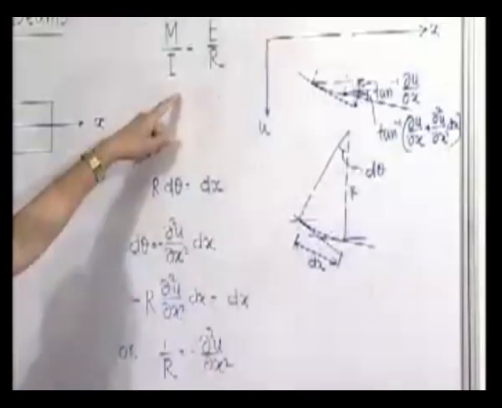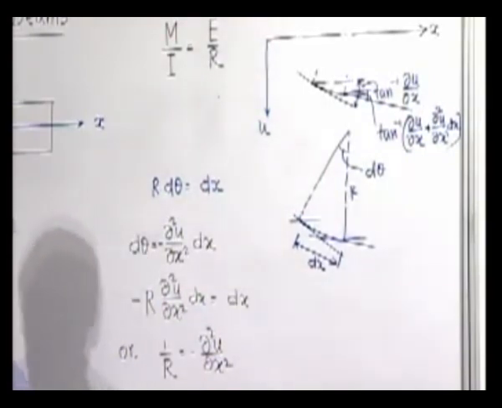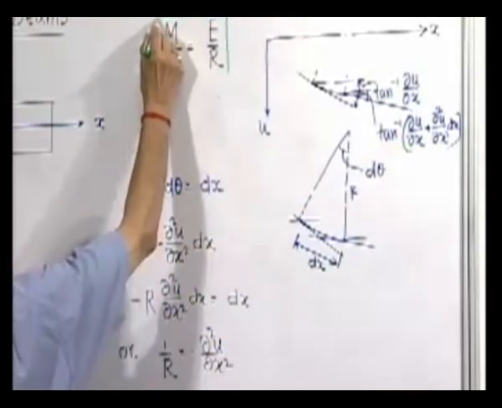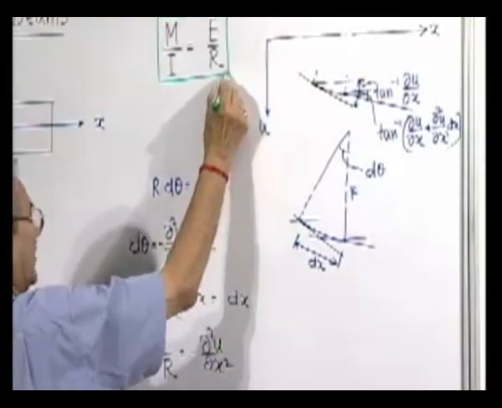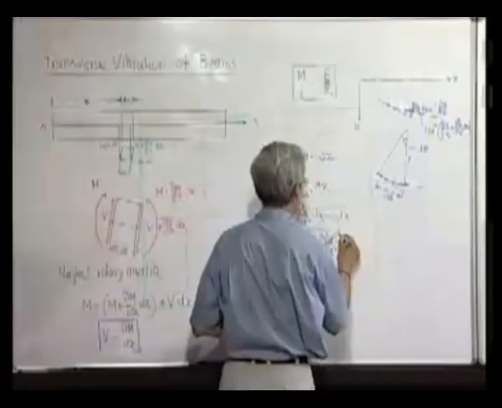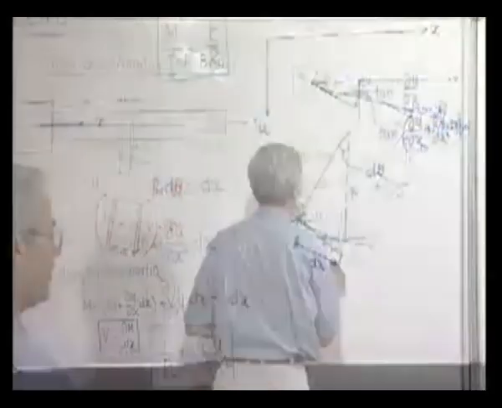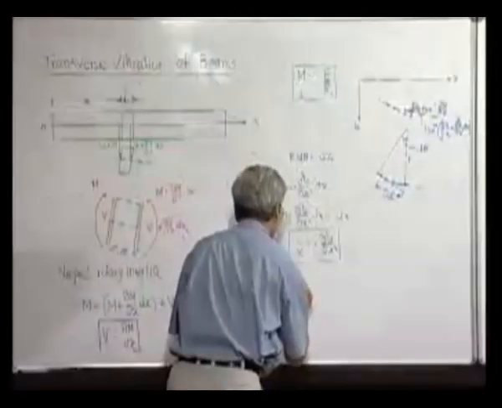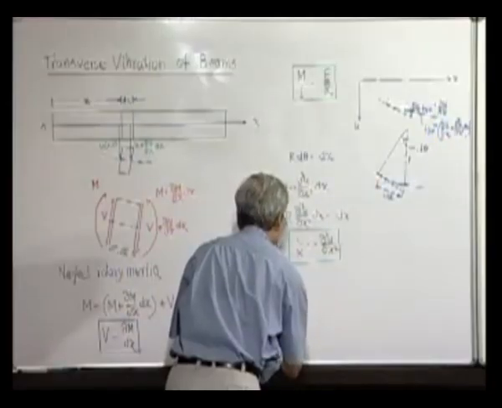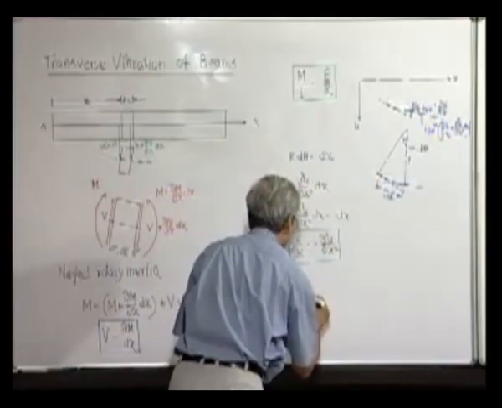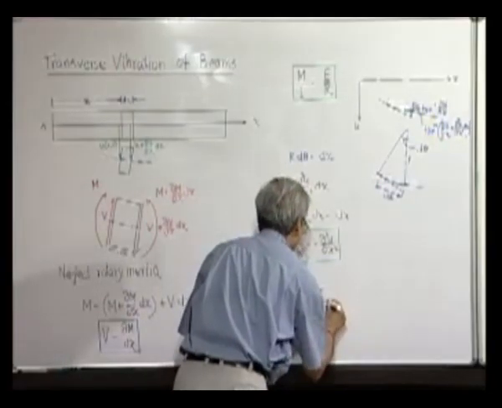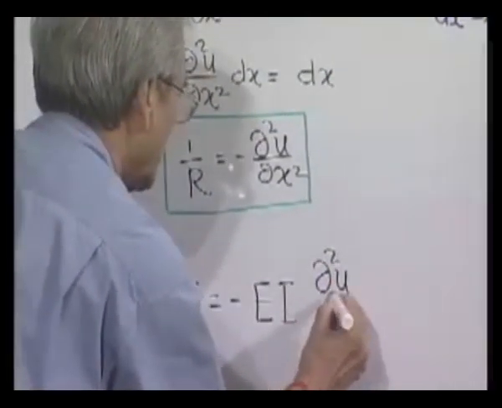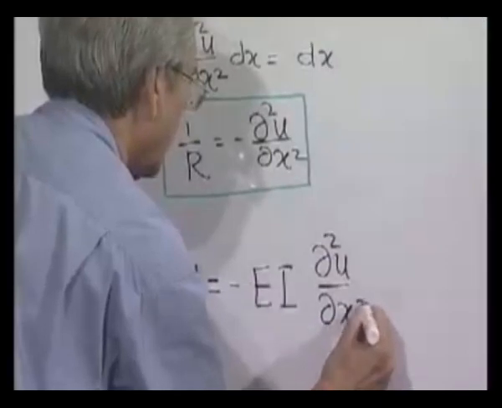We can write this in the equation using the standard equation, and now we have got another relationship. So using this in this, we get M equal to minus EI ∂²u/∂x².